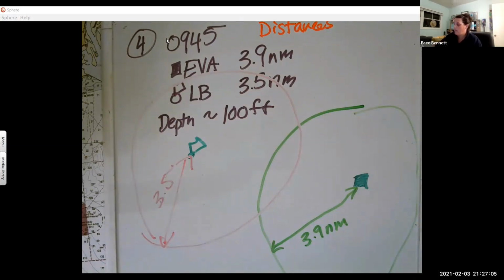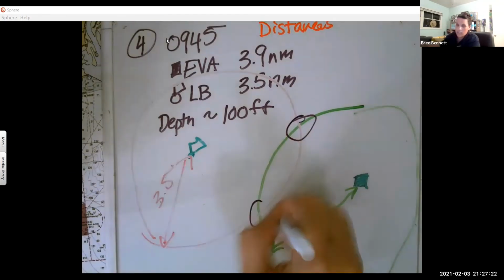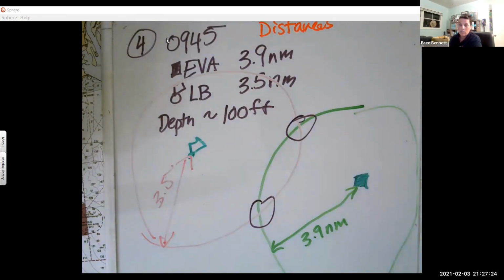Okay, so we have an arc of position of 3.5 nautical miles and an arc of position that's 3.9 nautical miles. This crosses in 2 locations. So it gives us 2 possible positions.